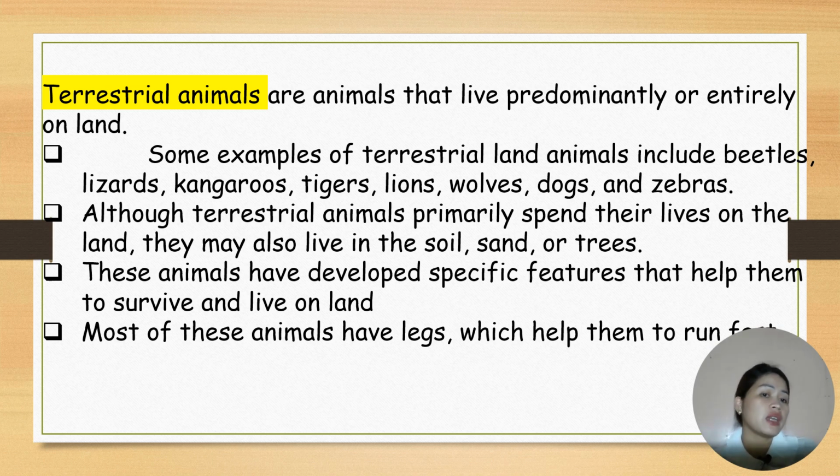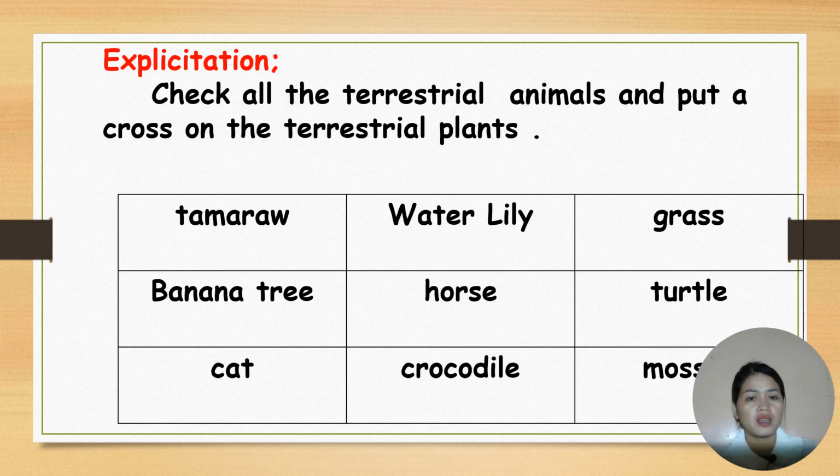So, by the way, can fish belong to terrestrial animals? No, because they live on water. So I have here a list of animals. So tamaraw, is it terrestrial?